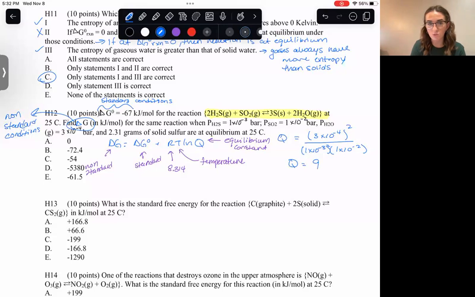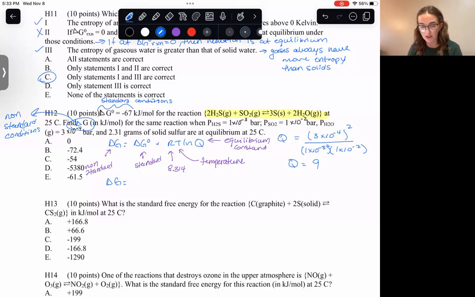Okay, and then we should be able to plug in everything else that's given to us from our question. So we're looking for delta G. This should stay just as delta G. What's the difference between delta G standard and R here, though? Yep.